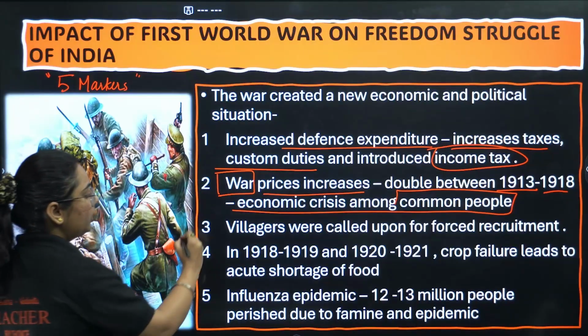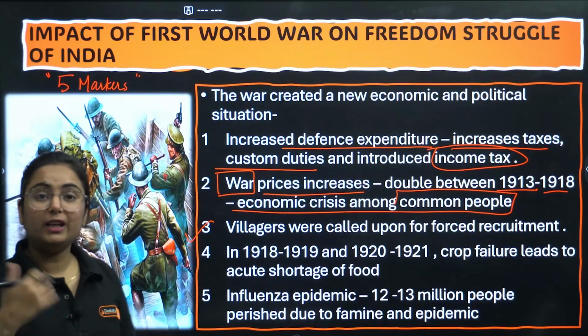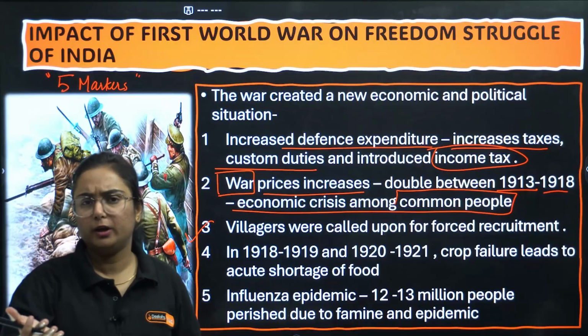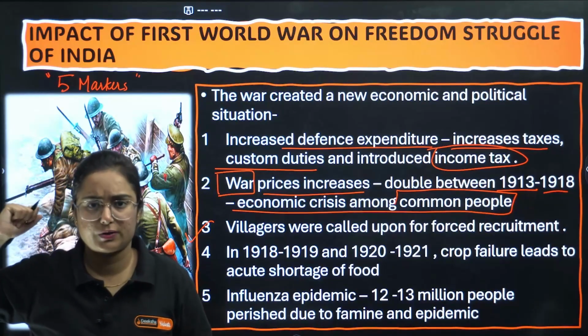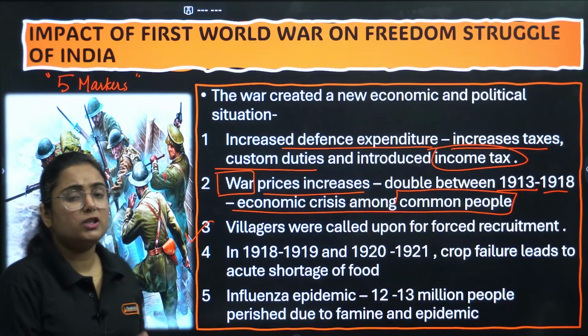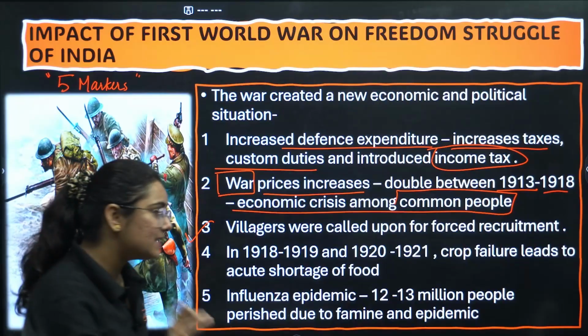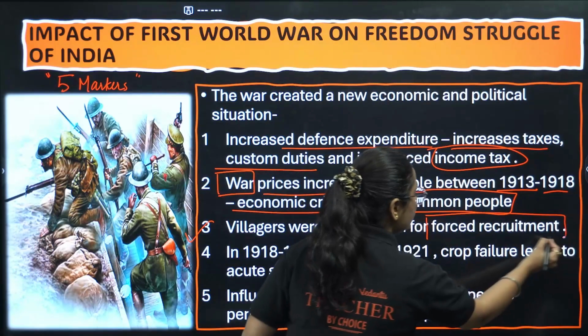The third thing they have done, they recruited villagers. They forcefully recruited villagers to be part of their soldiers. They wanted soldiers to be part of this war, and this is considered forced recruitment.